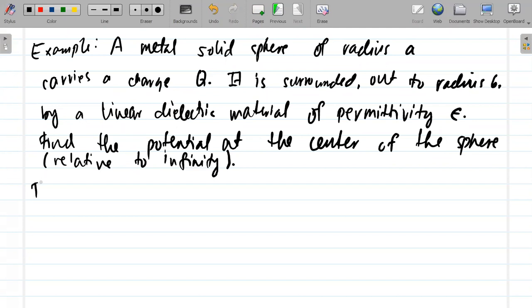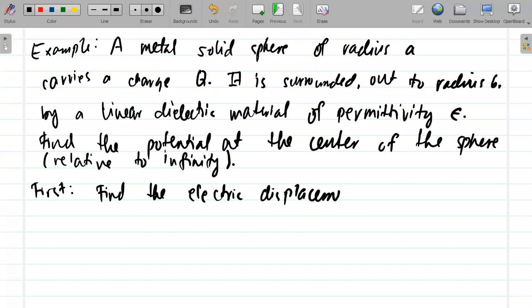Now, the first step, find the electric displacement. Ano ba itsura nung system natin?